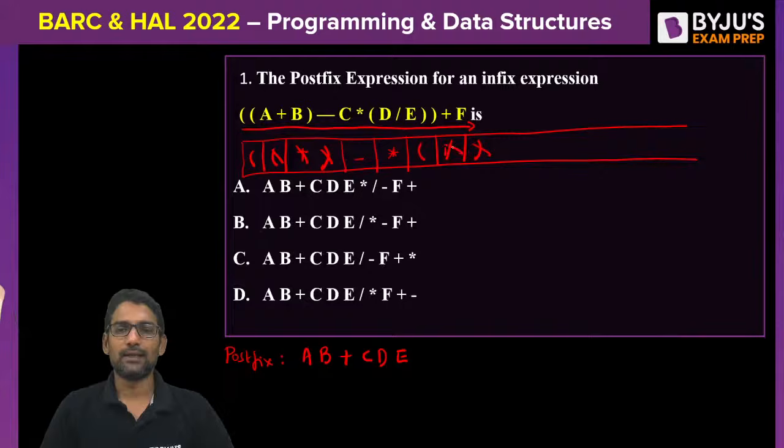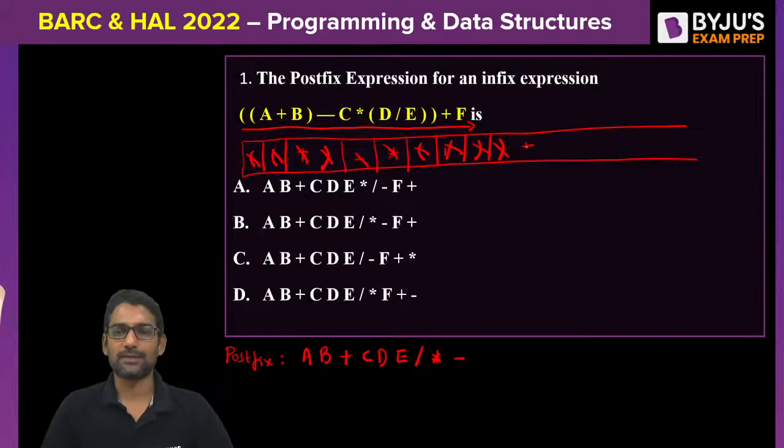Then we have right parenthesis, so until left parenthesis pop and neglect the parenthesis. Again we have one more right parenthesis, so until left parenthesis pop. So we will pop star, then minus, neglecting the parenthesis.